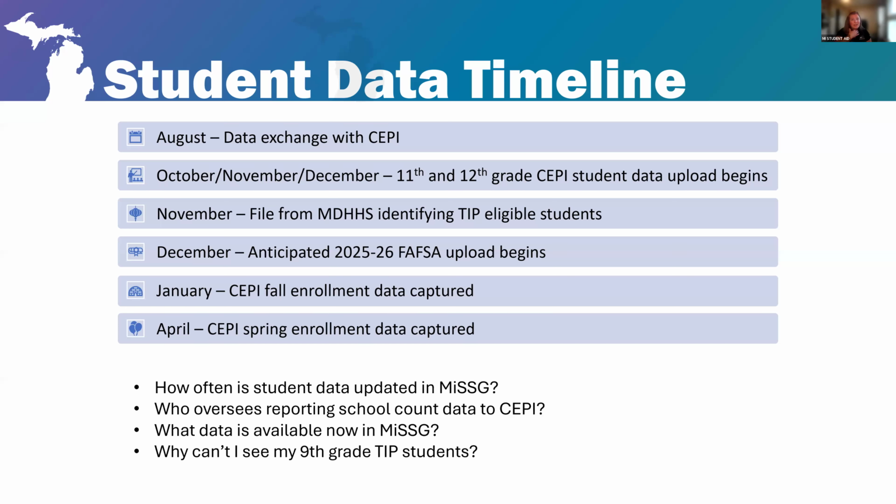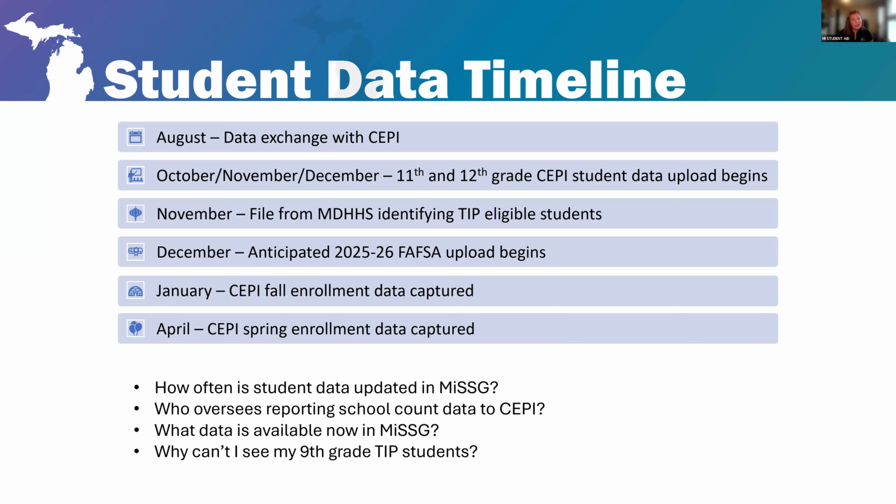So that being said, for any of you that are going into MiSSG now, you may have already pulled your TIP student list. Maybe you're doing some outreach to your seniors. If you are, shout out to you. That's what we want you to be doing at MiStudentAid.